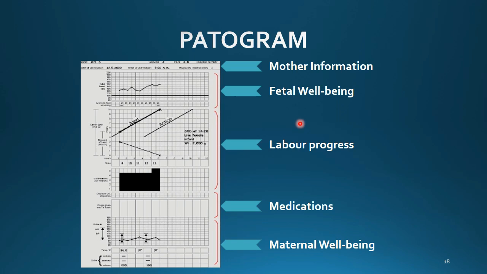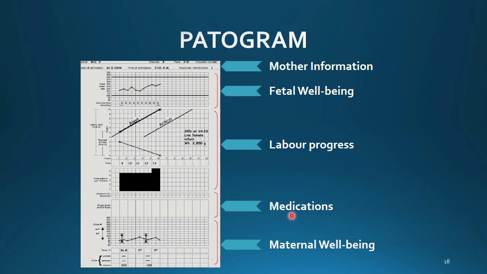Next, under labor progress, here is the area where we have to monitor cervical dilatation and the descent of the fetal head, and we need to monitor and report uterine contractions in the partogram.